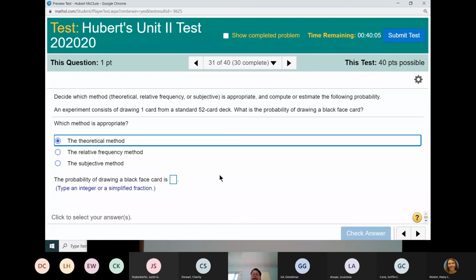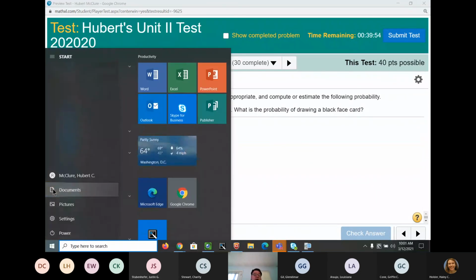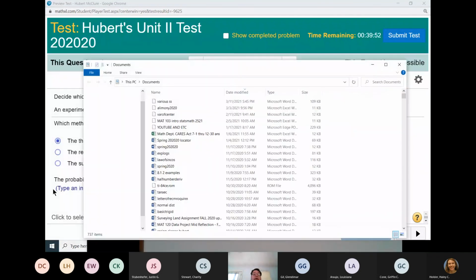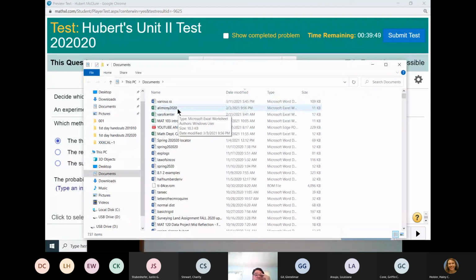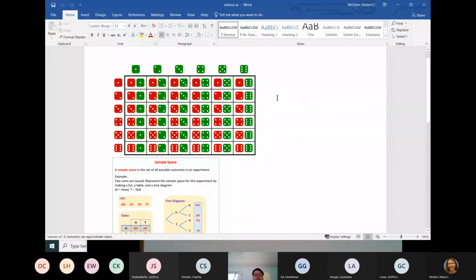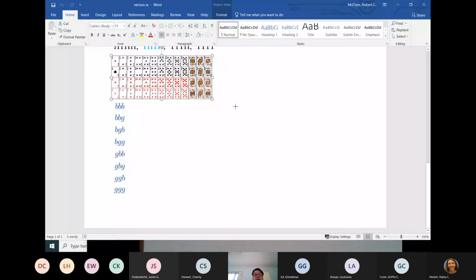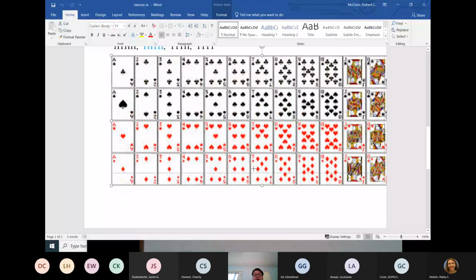So how many black face cards are there in a deck of cards? Well, I go to my handy dandy index card that Hubert told me to do. And I go to my deck of cards here. And I look for black face cards.